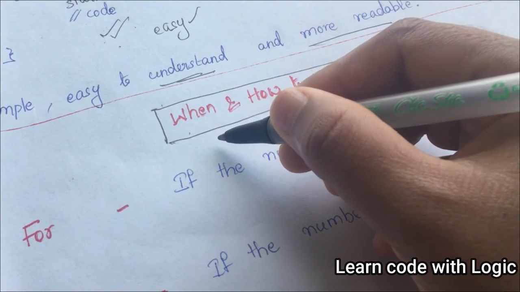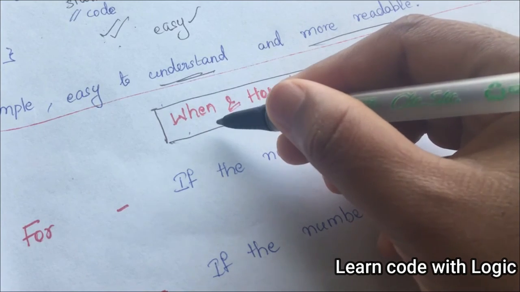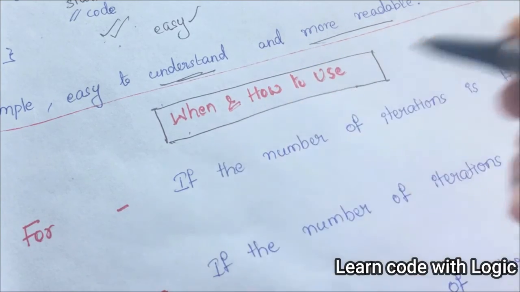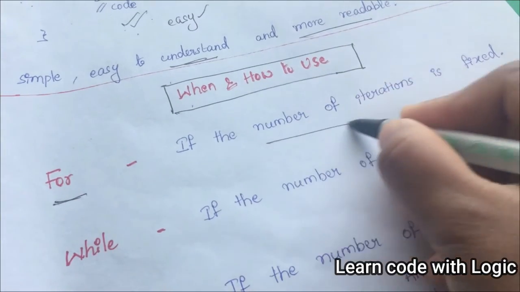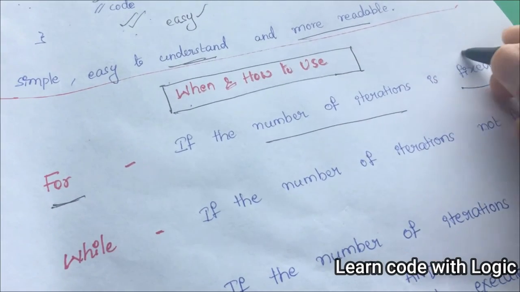The next and important thing to understand is when to use for loop, while loop or do while loop. For is used if the number of iterations is fixed.